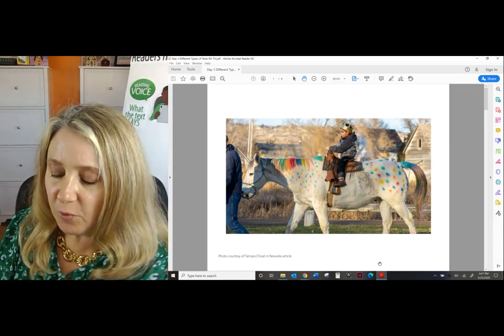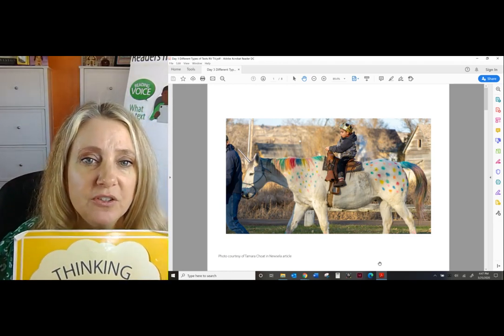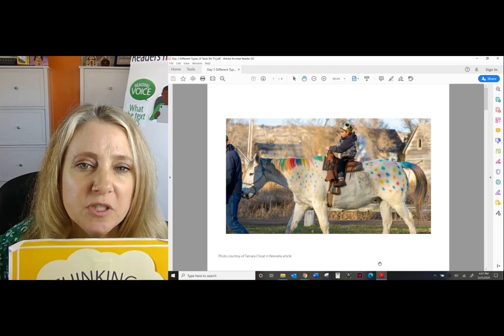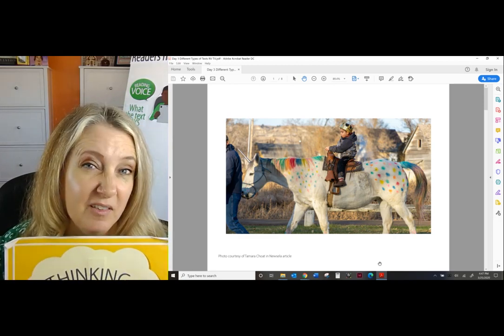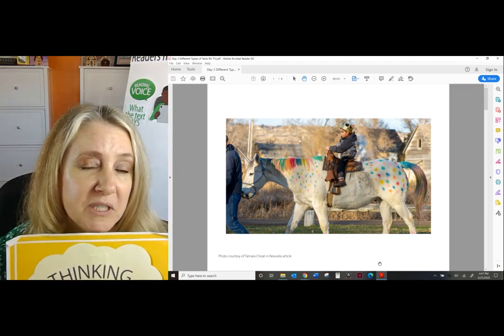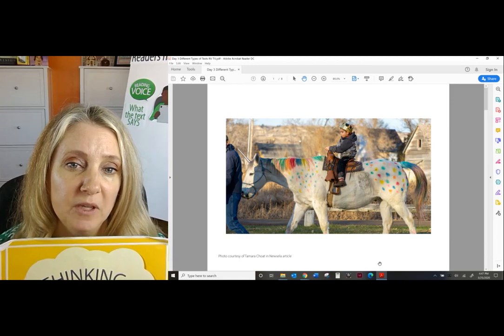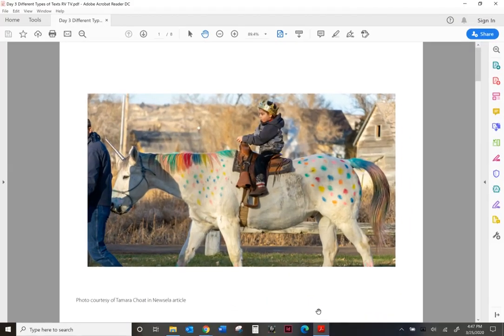But when your thinking voice really starts to take over, that's when you start to notice things like that little boy, he's so small, his feet don't even fit in the stirrups. I bet he's about preschool, kindergarten age. I bet he's about 4 or 5 years old. And then you might notice some of the other details, like the polka dotting and the colored mane.